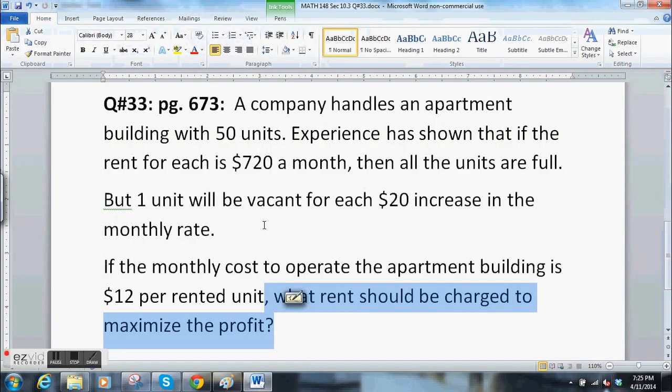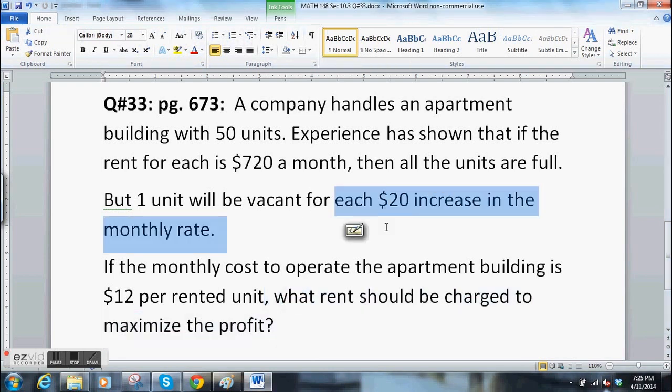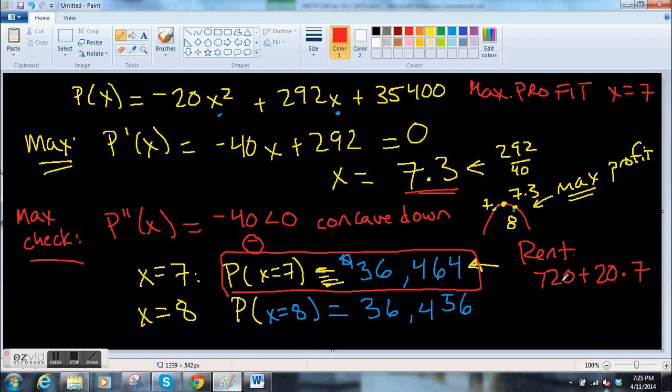Remember, it was in the problem right here: 1 unit will be vacant for every $20 increase in rent. So if you want 7 vacant units, you multiply 20 times 7. So the rent is $720 plus 20 times 7, that's 720 plus 140, equals $860 a month in rent.